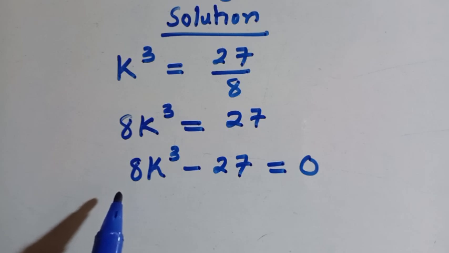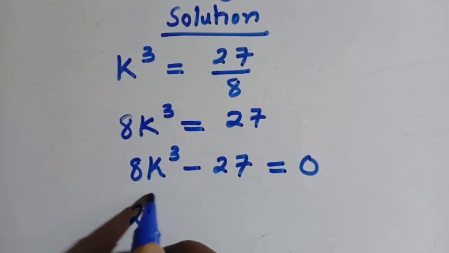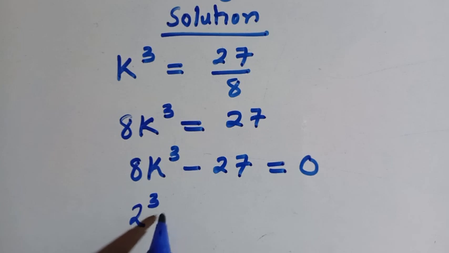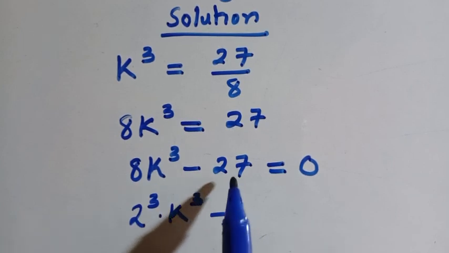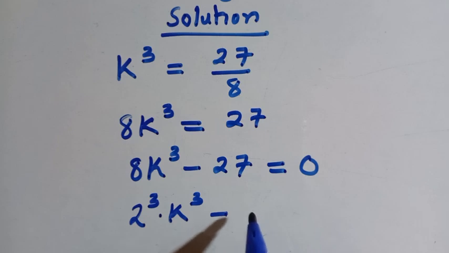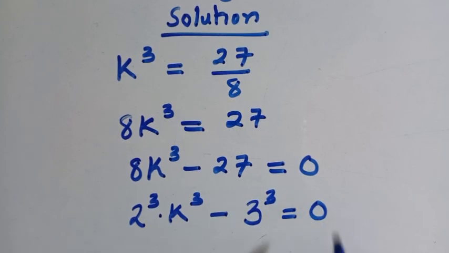And 8 can be written in exponent form. So the exponent form of 8 is 2 power 3 multiplied by k power 3 minus 27, and 27 in exponent form is 3 power 3, equals 0.